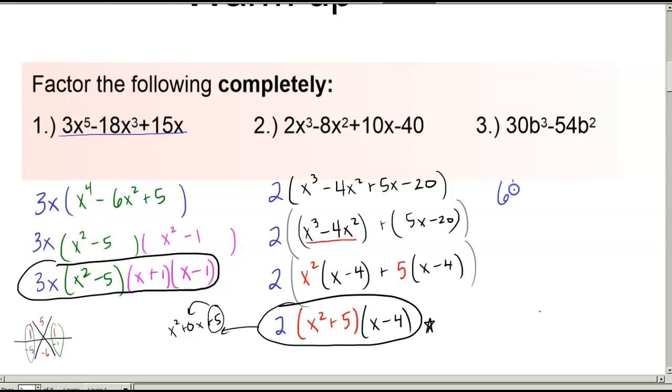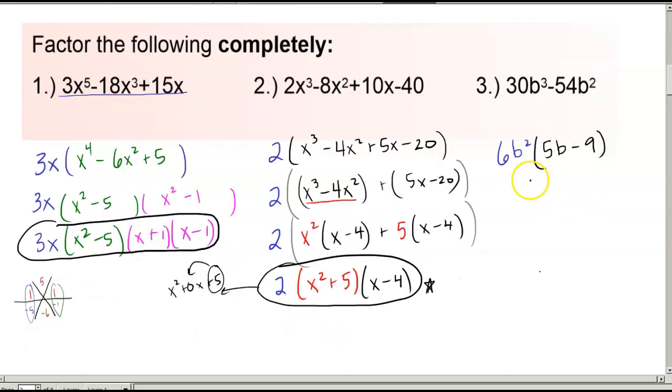So I'm going to take out a 6b squared from that. What's left over is going to become 5b minus 9. And we look at these factors that we have left over, and that's as far as we can go. So that's it for number 3.